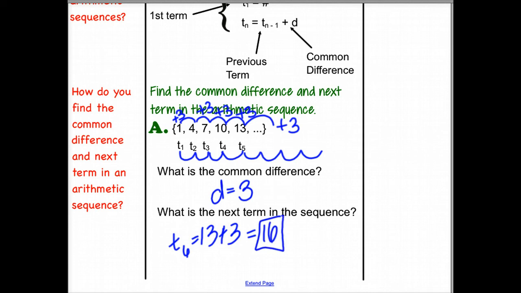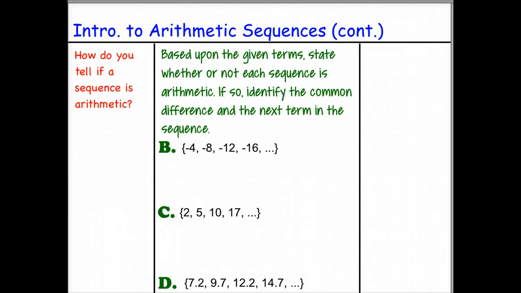The second step today is to take a look at a sequence and see if, based upon what I give you, the sequence is arithmetic. And if so, we'll identify the common difference and the next term. In our case here, from negative 4 to negative 8 is minus 4. Negative 8 to negative 12 is minus 4.